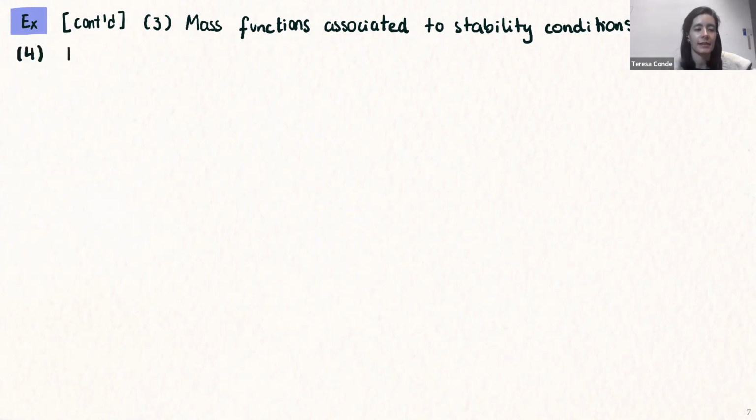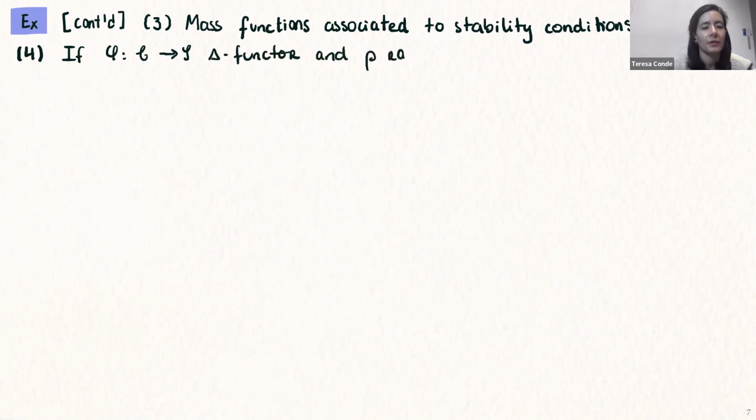And lastly, another example, which is more of a remark: whenever we have a triangulated functor phi from our base category C to some other triangulated category S, and we have moreover a rank function rho on S, then we can produce a rank function on C by pulling back rho along the functor phi.